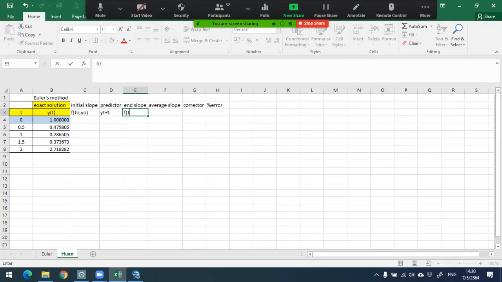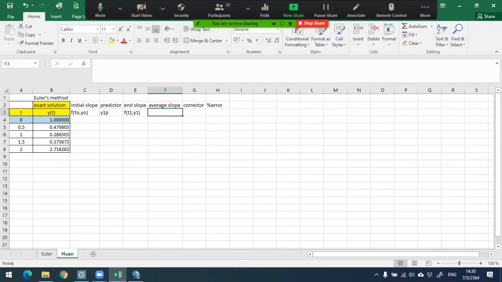I may write it this way, it may be easy to understand. From 0 to 1, it may be better, right? So this should be y1, it should have more meaning. y1 subscript P should be the predictor.